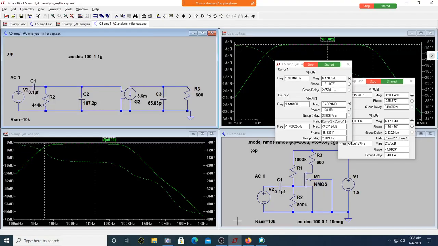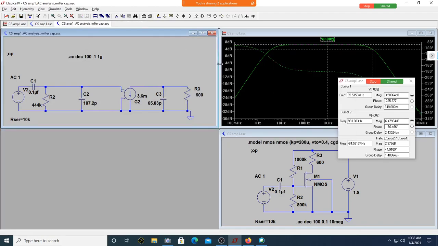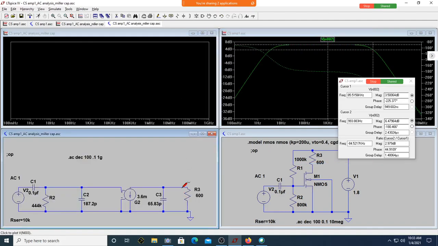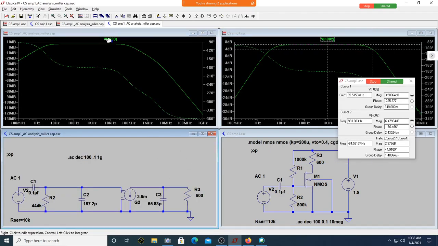So I'll go back to this. This is with the Miller capacitance values. Save it. Let me close all of them. If I run it and see the frequency response, I should get exactly the same thing. Okay, this is fine.